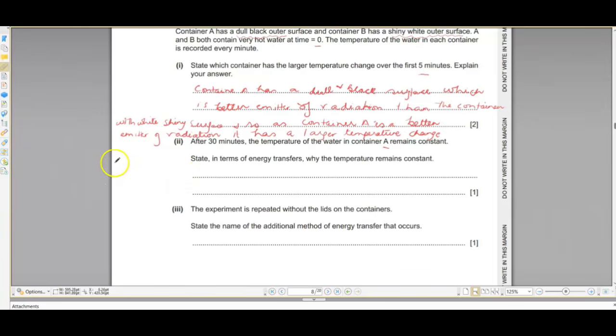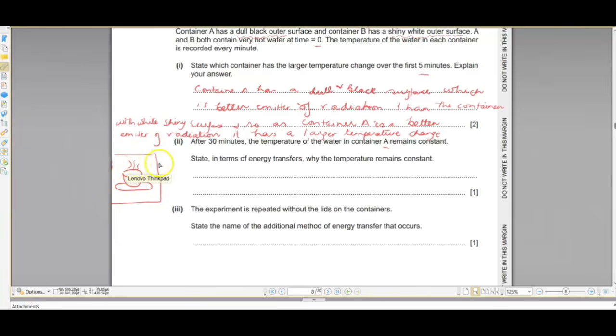We know that heat always travels from a hot object to a cold object. So it's just like you keep a teacup which contains hot tea in your room, and after some time it will be at the same temperature as the room, the surrounding temperature. Why does that happen?